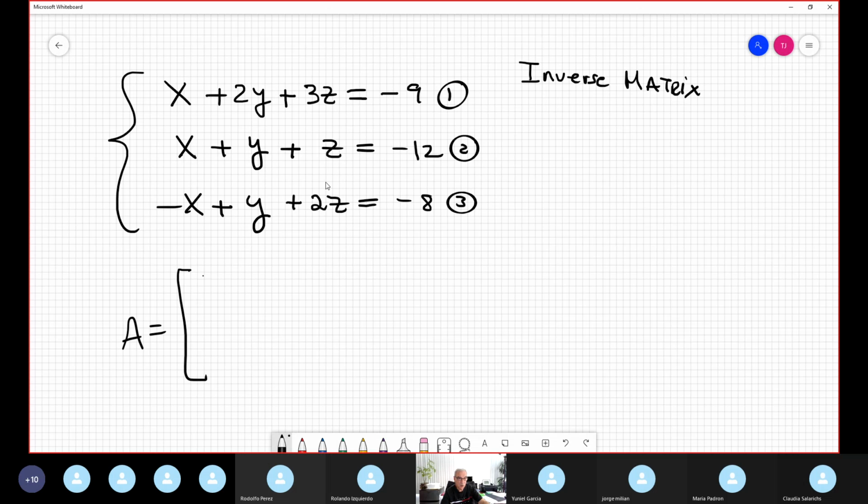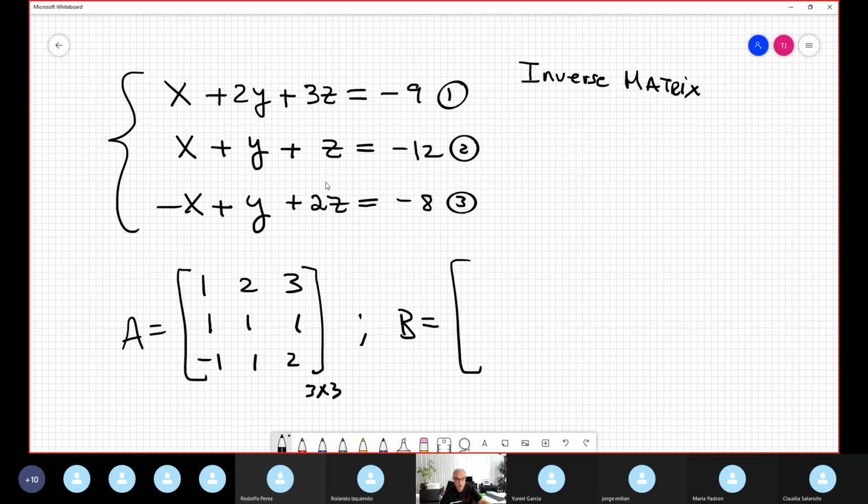A is 1, 2, 3, 1, 1, 1, negative 1, 1, 2, 3 by 3. B is negative 9, negative 12, and negative 8, 3 by 1. I need to compute A inverse first, and after that multiplication, A inverse times B.